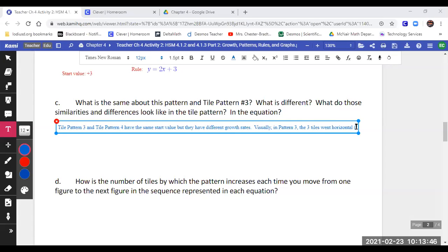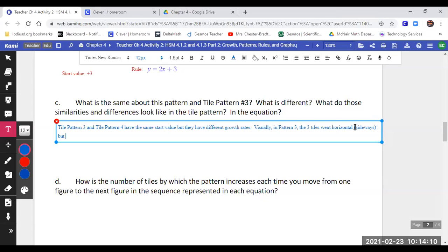What do you say instead? Come on, we're making a vocabulary connection here. What's another way to say horizontal? I'll give you a hint, it starts with the letter S. Yes, sideways. Okay. 3 tiles went horizontal, sideways.